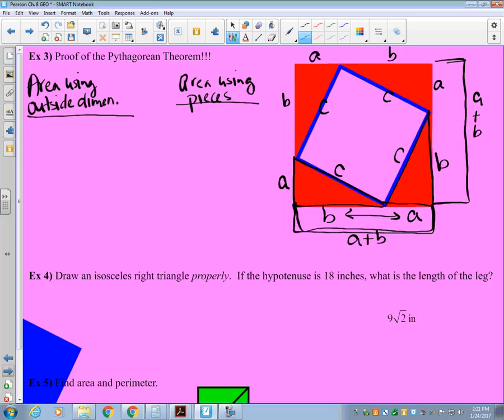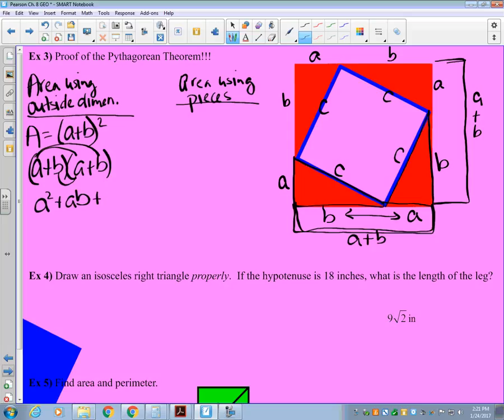So when I'm finding the area of a square, I take my side and I square it. Now we have to remember that it is not A squared plus B squared, but we're going to have to FOIL it out. So when we do that, we get A times A, which is A squared, A times B, which is AB, B times A, which is AB, and B times B, which is B squared.